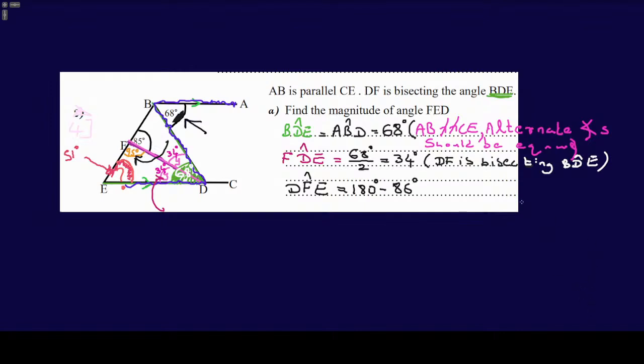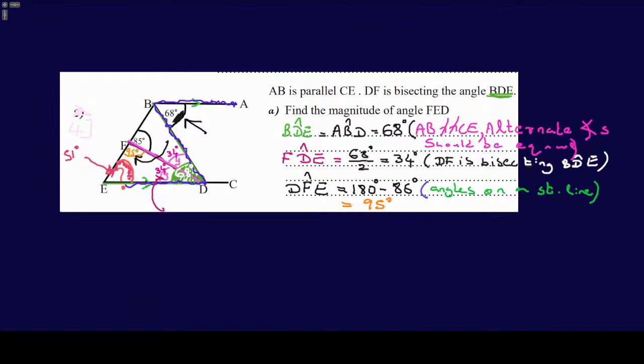Why? From where does the 180 story come? Because angles on a straight line add up to 180. You can simply say angles on a straight line. So DFE we get as the orange angle's magnitude is 95.